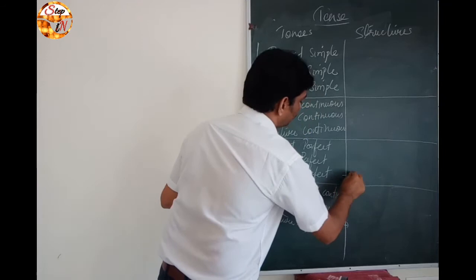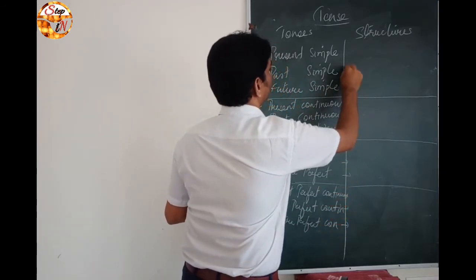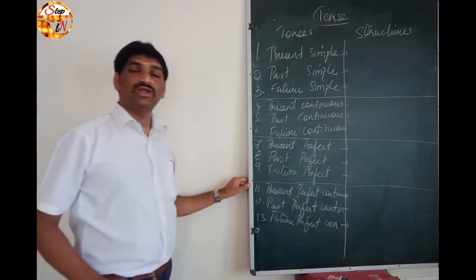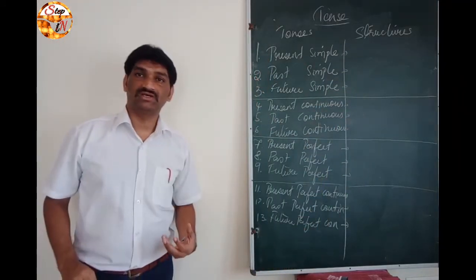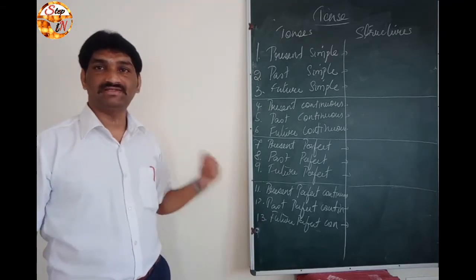So like this we have all 12 tenses listed. So now we can see the structures for all these tenses.